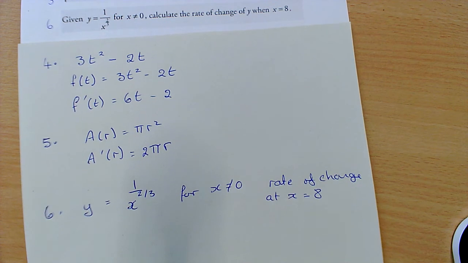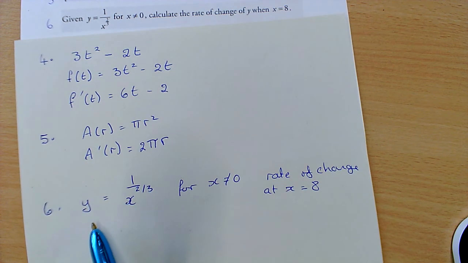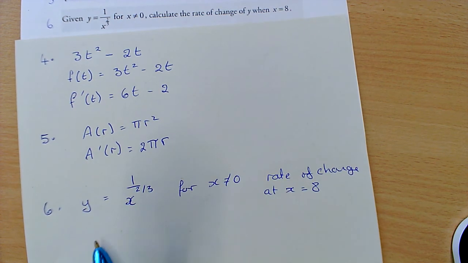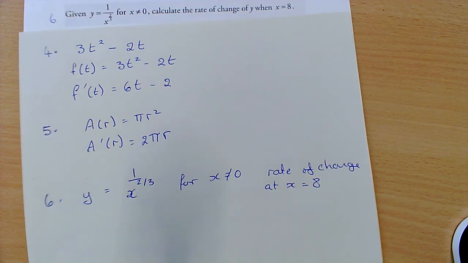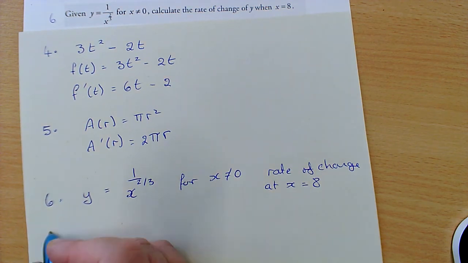So rate of change, when you differentiate, you are finding the differential, you are finding the gradient at a point, you are finding the rate of change. They're all the same thing. They're all an instruction to differentiate.